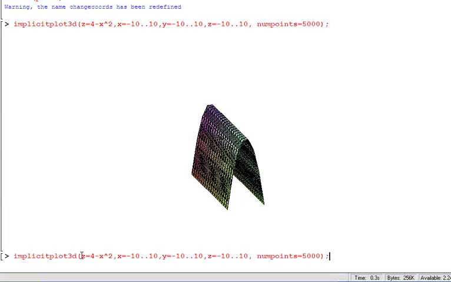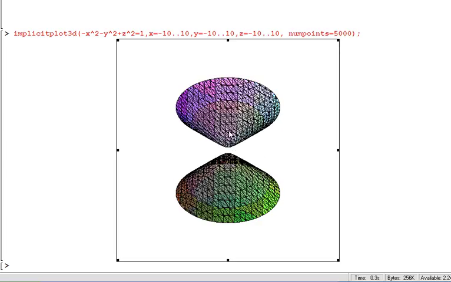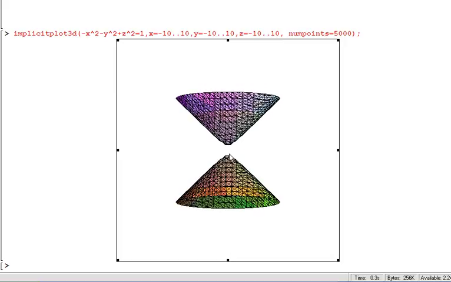Okay, and we'll have minus x squared minus y squared plus z squared equal to 1. And you see that that's what we have. So we were correct again.